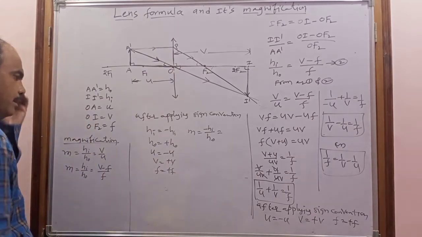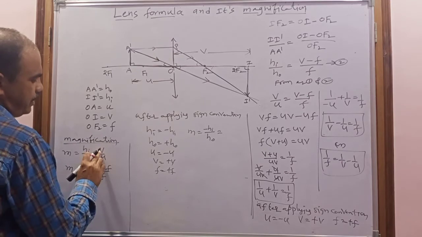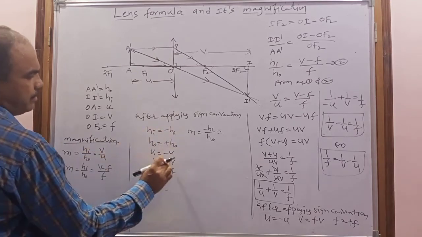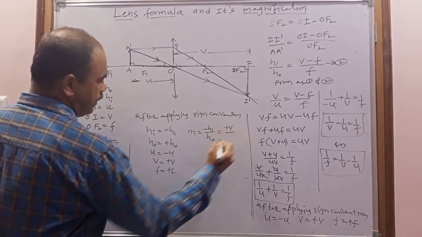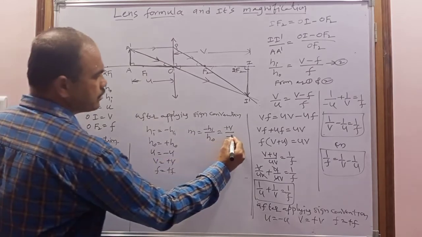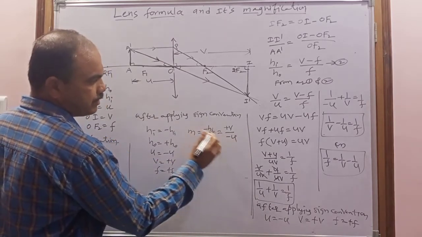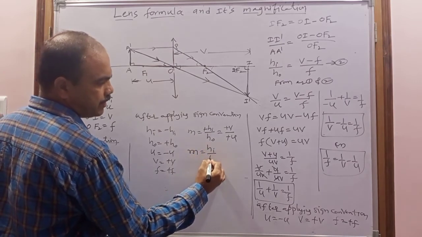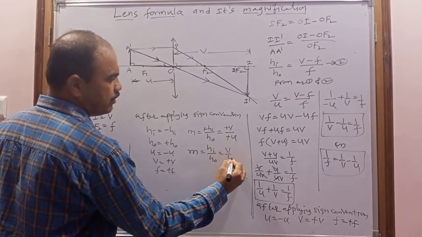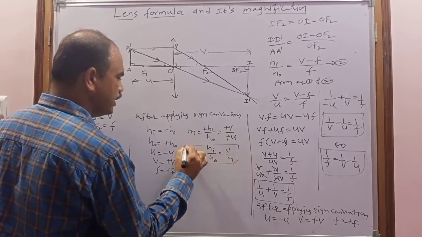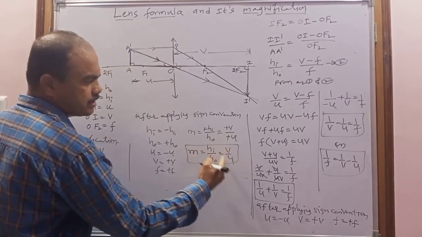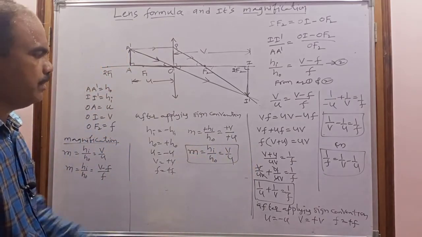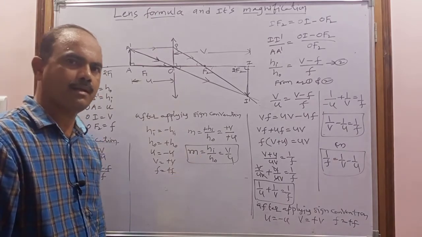And next, v is plus v by u, which is minus u, and this minus will be cancelled. So that's why you get magnification, height of the image by height of the object, equal to v by u. So this is the magnification formula in terms of the image distance and object distance. This can be used for convex lens as well as concave lens.